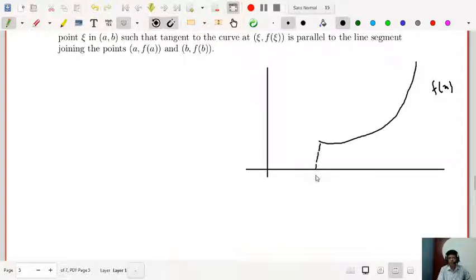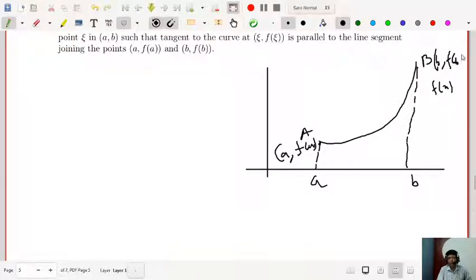And this is your A point, this is your B point, and the coordinate of A is (a, f(a)), and coordinate of B is (b, f(b)), and between A and B the chord is given by AB.